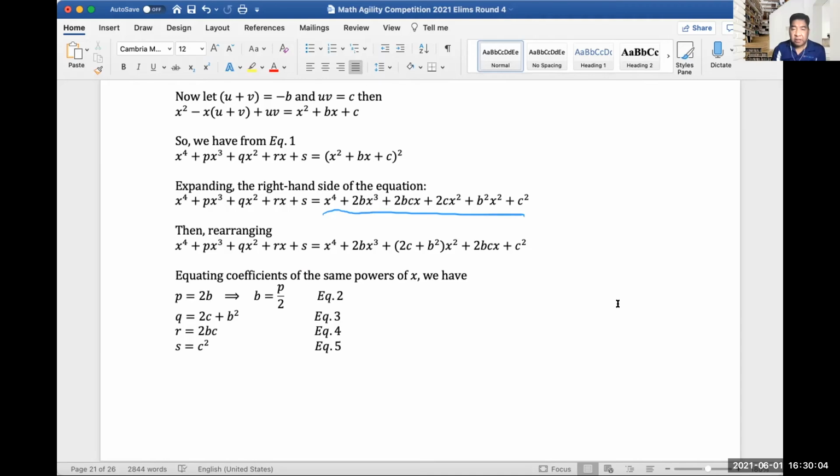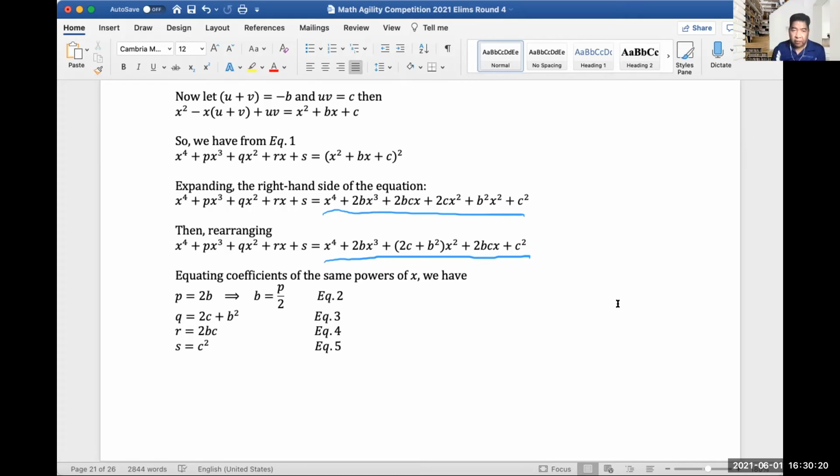Rearranging, this would be x to the fourth plus 2bx cubed plus 2c plus b squared quantity x squared plus 2bcx plus c squared.